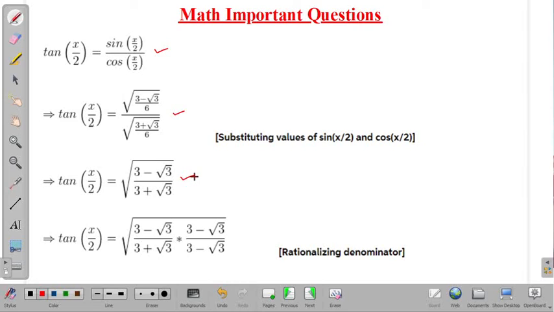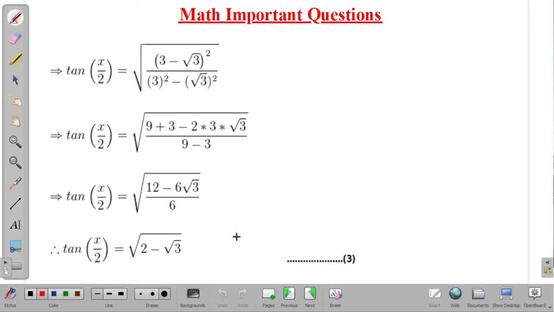And then again rationalizing the denominator, so we need to multiply by 3 minus root 3 and 3 minus root 3 on the denominator and numerator both. So after simplification we will get tan x by 2 is equal to under root 2 minus root 3.